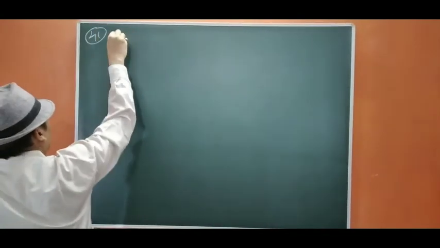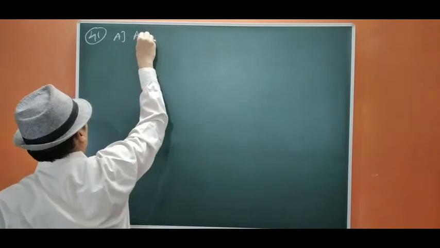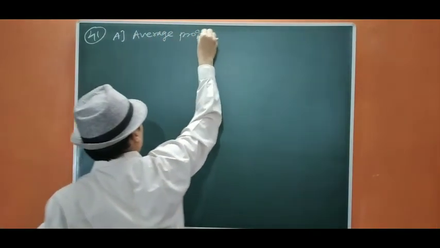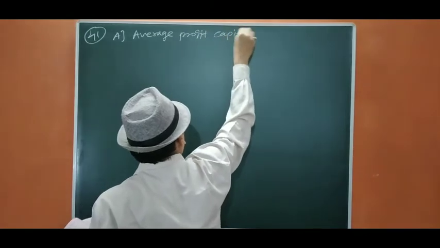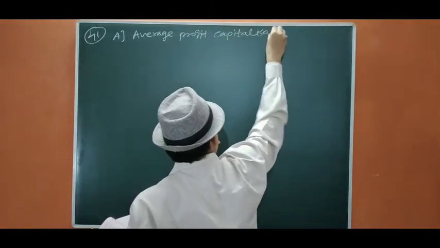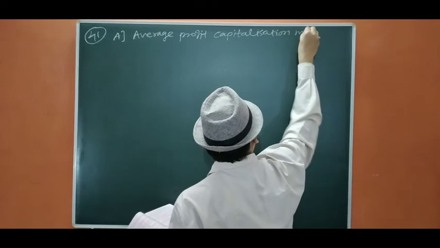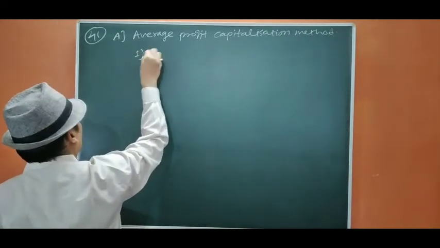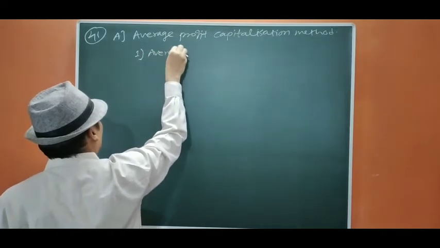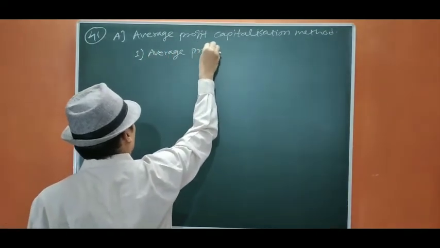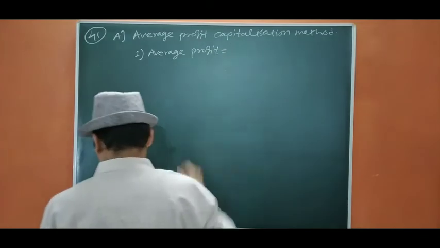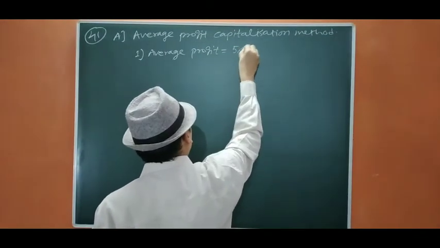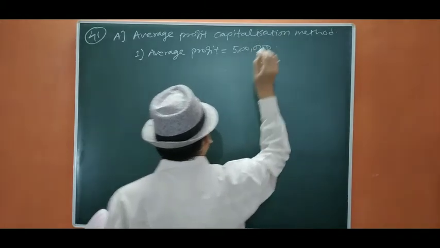First we are going to calculate by average profit capitalization method. In that, first average profit equals to 5 lakh, because the average profit given to us is the actual profit.